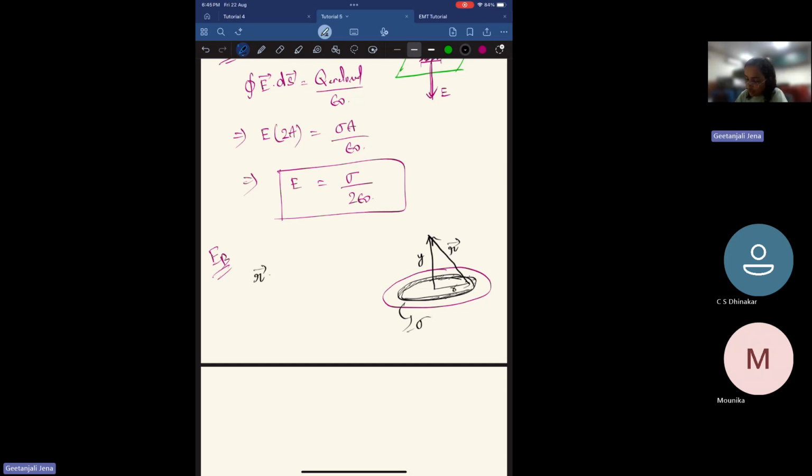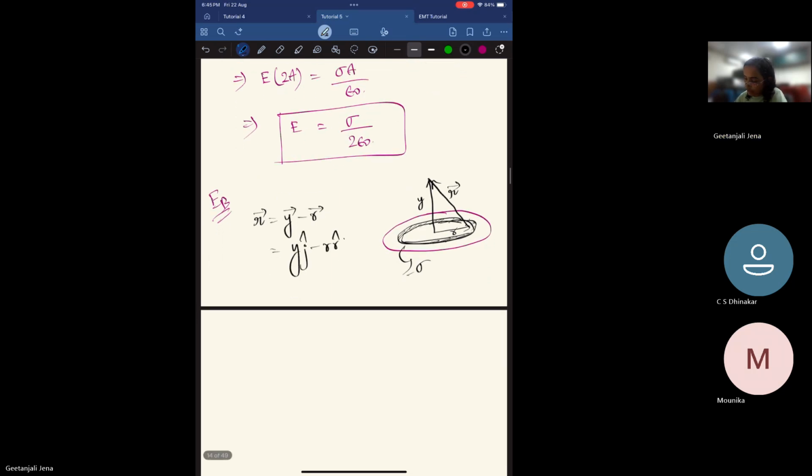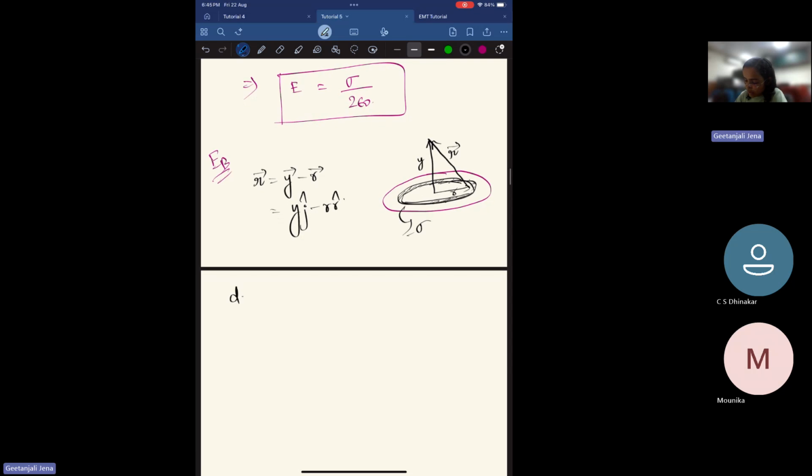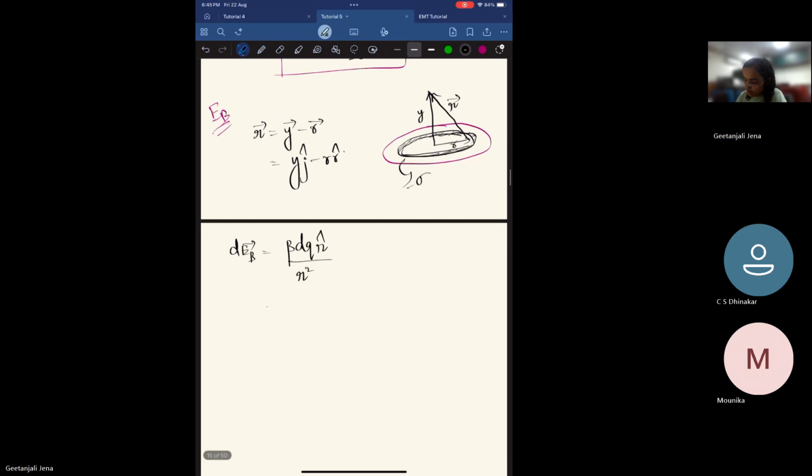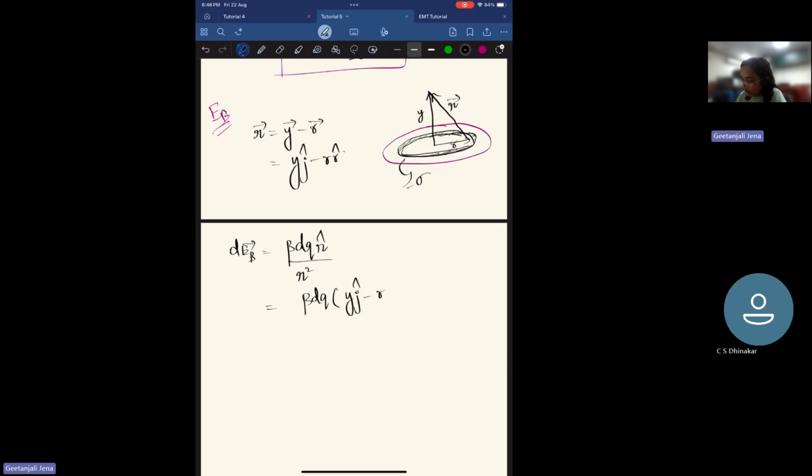So the vector r will be y j cap minus r r cap. The small field element will be dE, which is beta dq r vector by r cubed, where beta is 1 by 4 pi epsilon naught, so I'm not writing that. So you have y j cap minus r r cap by r.